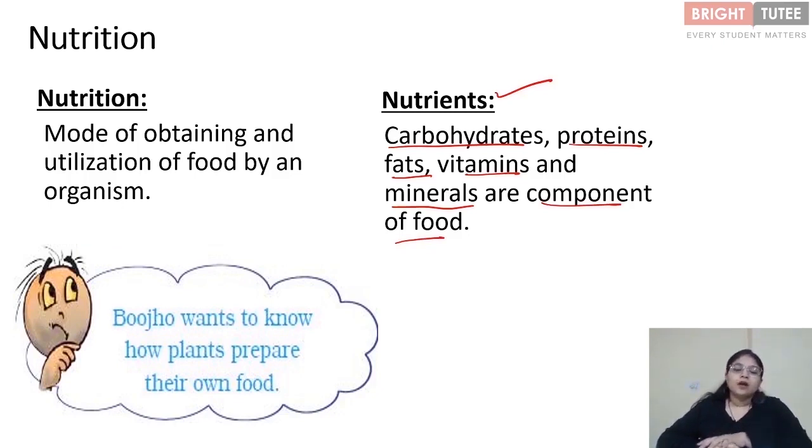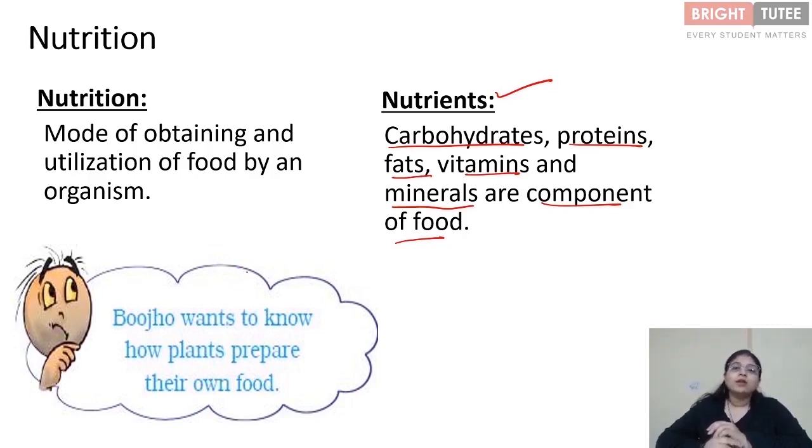So nutrition is the mode of obtaining food and utilization of food by an organism. Now, when we talk about an organism, it also includes the plants, right? So, in what ways do plants obtain their food and how does the utilization take place?